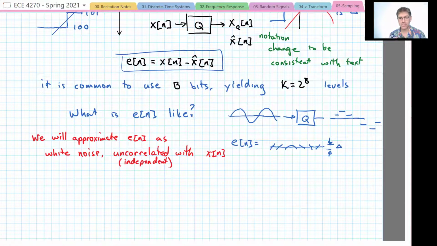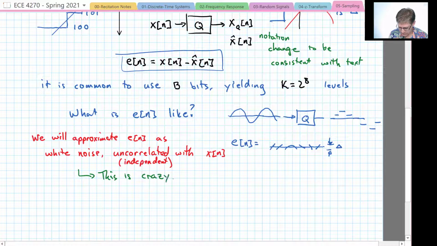So how can it be independent of x of n if it's a function of x of n? And how can it be white when it has such beautiful structure we can see there in my example on the right? So in general, this is crazy.